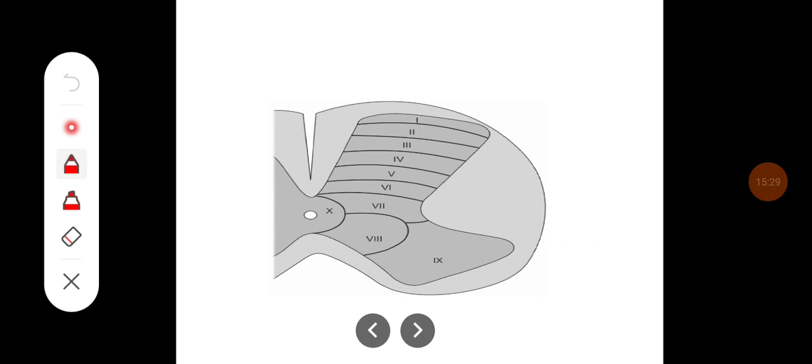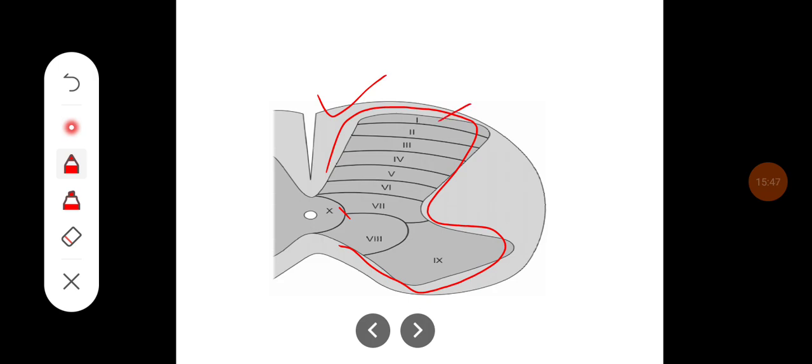Okay, so this is a diagram showing the spinal laminae. This is the dorsal horn and this is the ventral horn, divided into 10 laminae, where most of the dorsal laminae are related to sensory function.